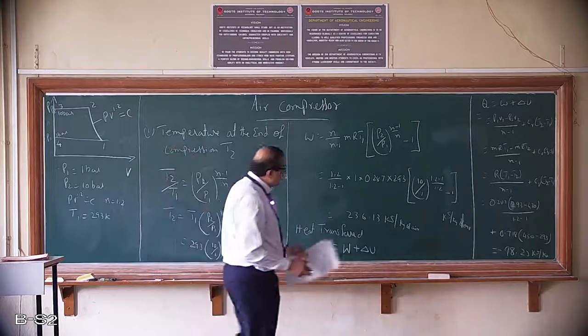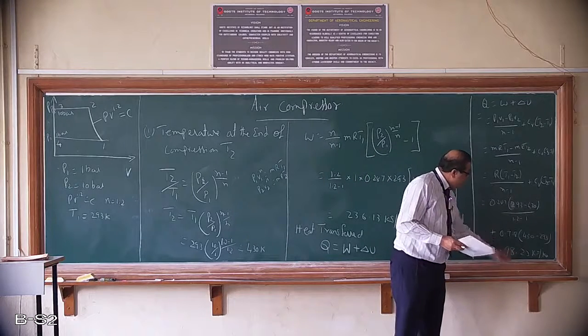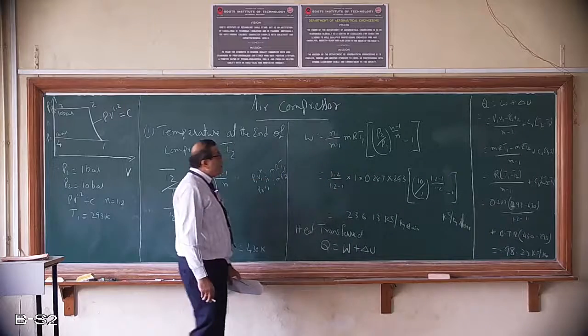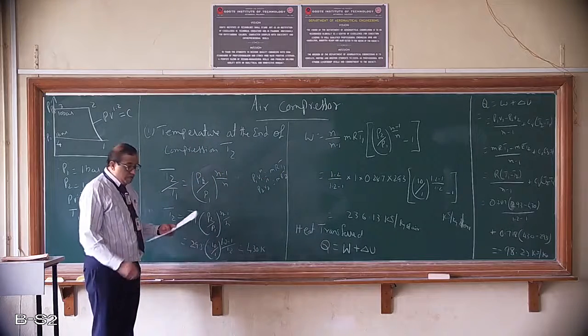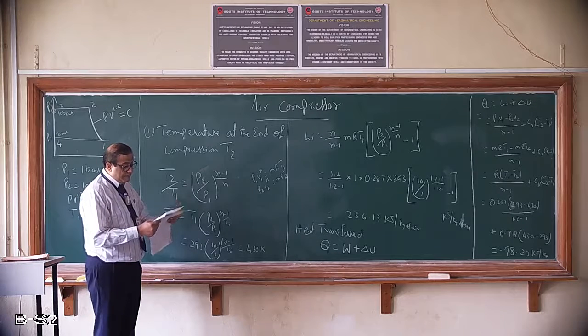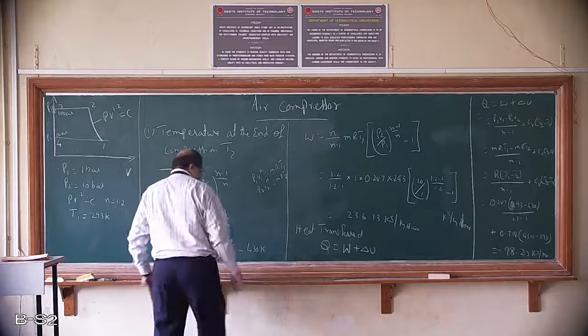Here heat is transferred to the system, so the total overall heat transferred is minus 98.22 kilojoules per kg. We'll solve one more problem.